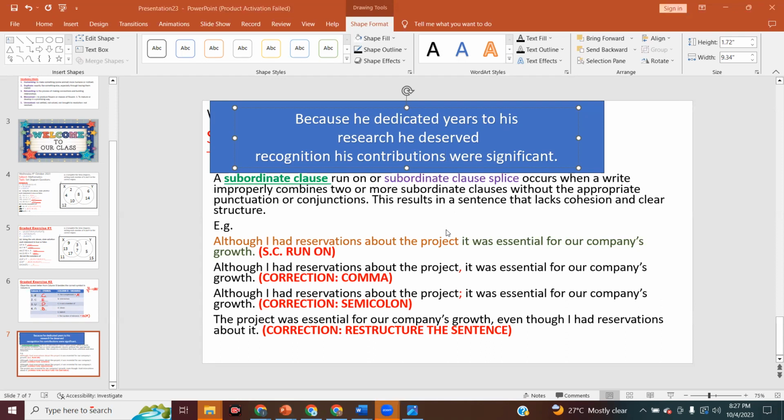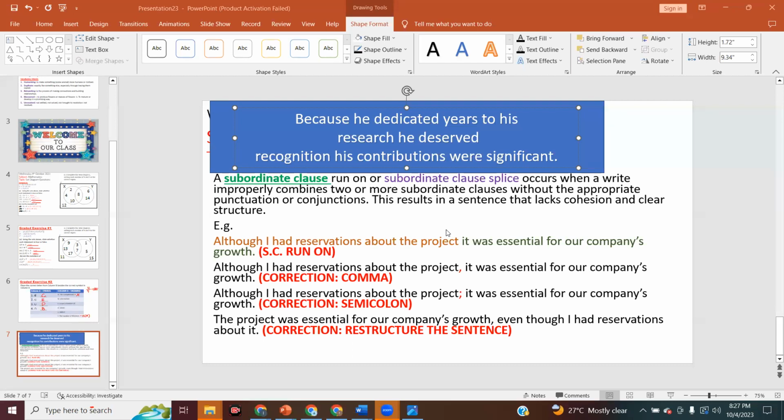All right, so in the chat, please write your correction to the sentence. How would you correct the sentence if you were the one correcting it? Because it's a run-on sentence, but how would you correct it? I have, because he dedicated years to his research, he deserved recognition. His contributions were significant. Now, obviously that's not right.